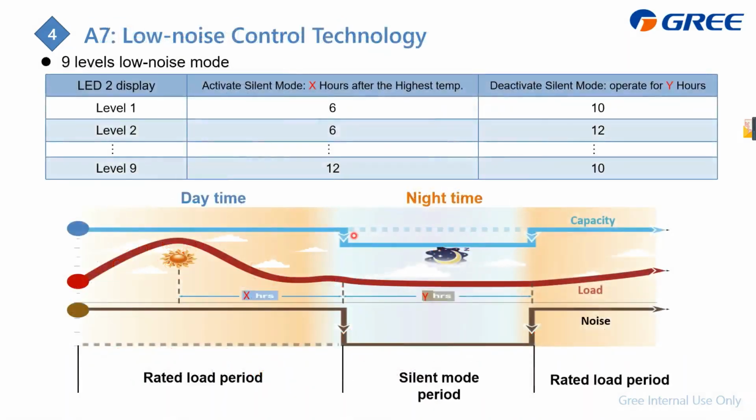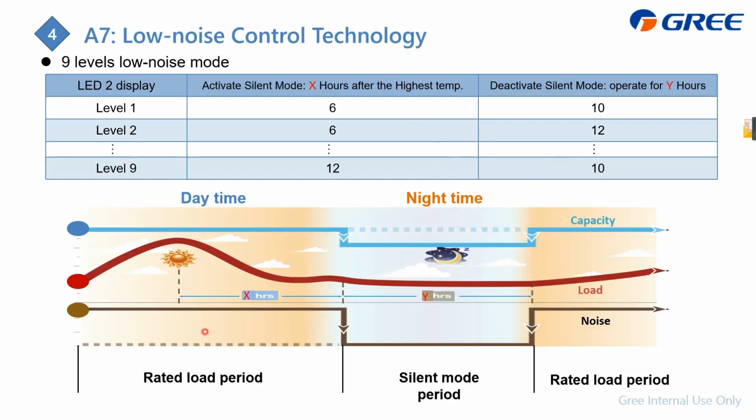And this is A7, low noise control technology. Our GMV can run in regular mode in the daytime and run in low noise mode at nighttime.